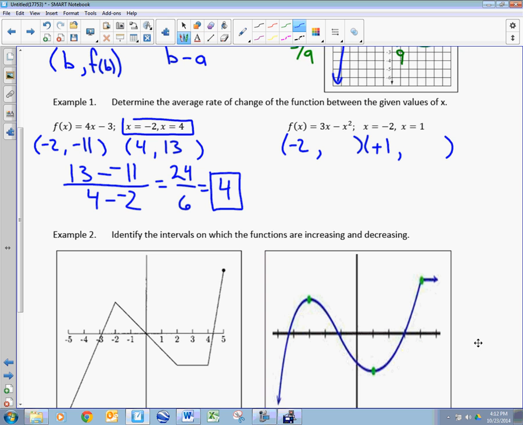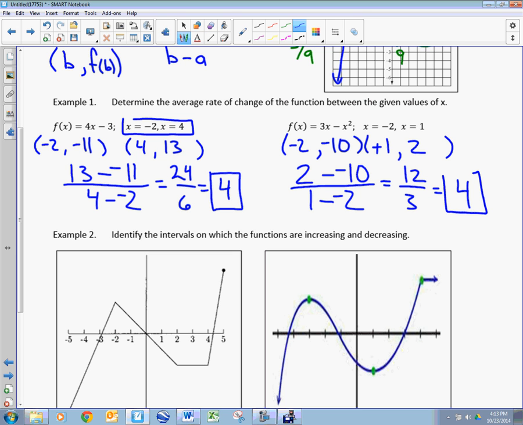But I do not have my f of A or my f of B, so I plug it in. 3 times -2 is -6. -2 squared is 4. -6 minus 4 is -10. 3 times 1 is 3. 1 squared is 1. 3 minus 1 is 2. f of B minus f of A divided by B minus A. 12 divided by 3 is 4.